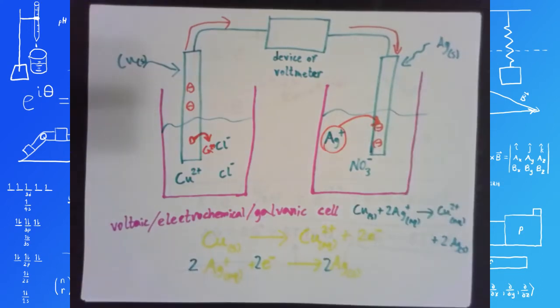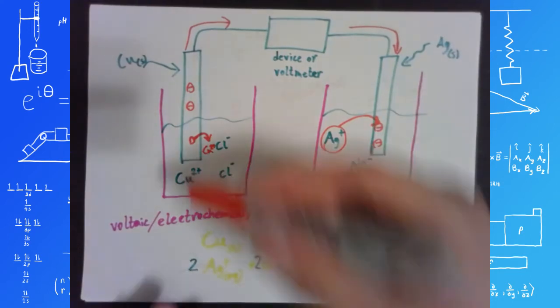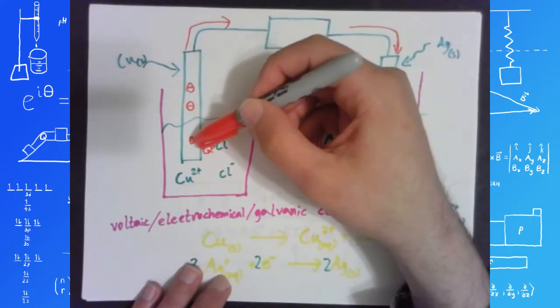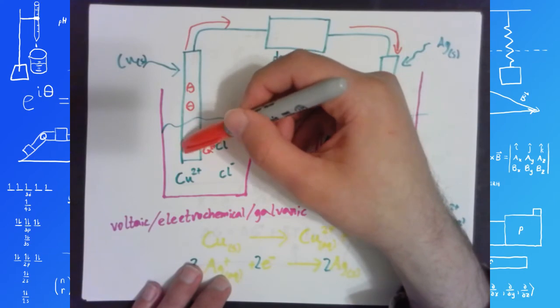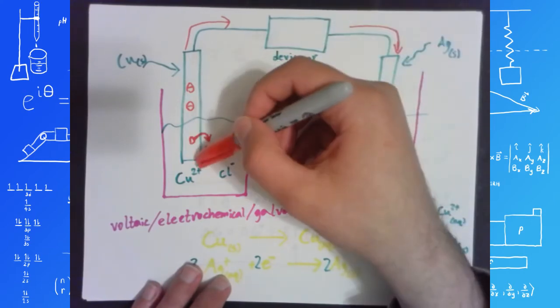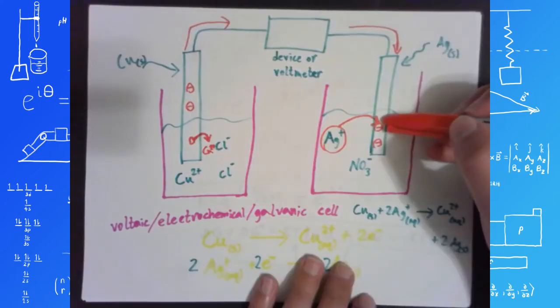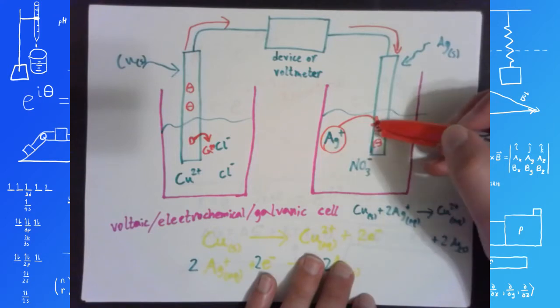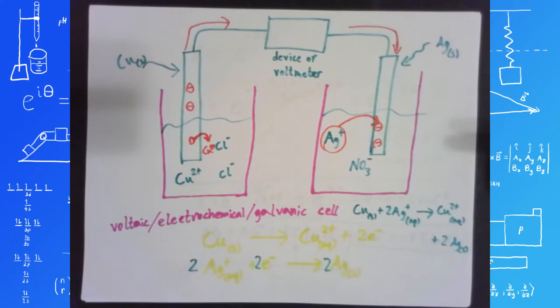And so over time, what you'll see is that this bar of copper starts shrinking because, well, it's dissolving. Its mass is going into the solution, whereas this bar of silver starts getting bigger and thicker. It starts gaining mass because silver ions from the solution are depositing on top of it.